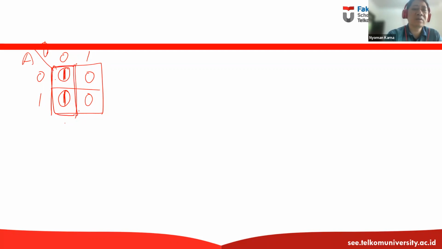So this is the bigger group. Now, how can we identify this group? The identification is column wise, which in this case is when B is 0. So the simplest function is B not.